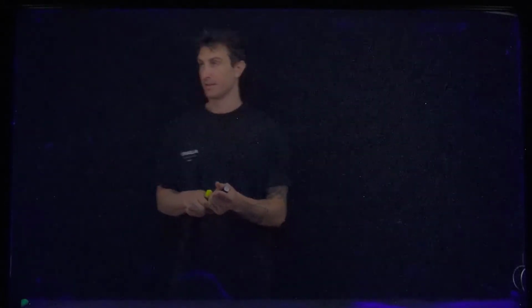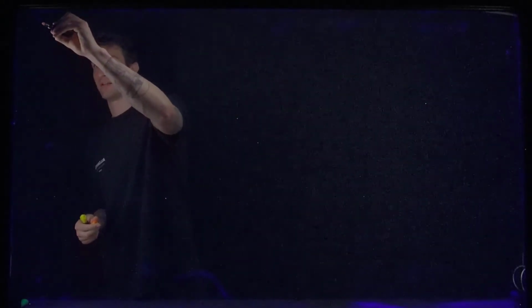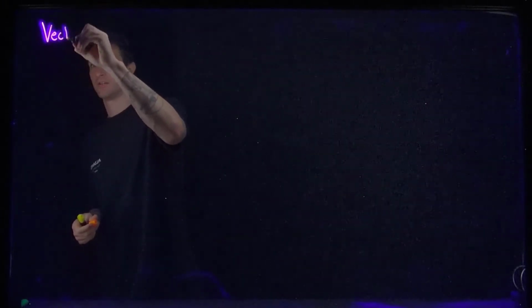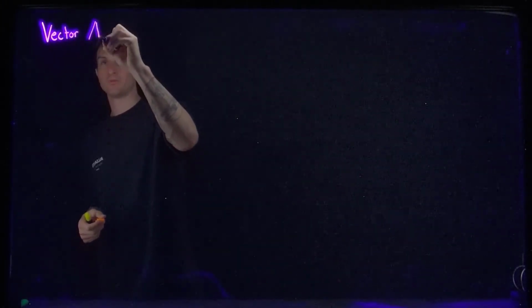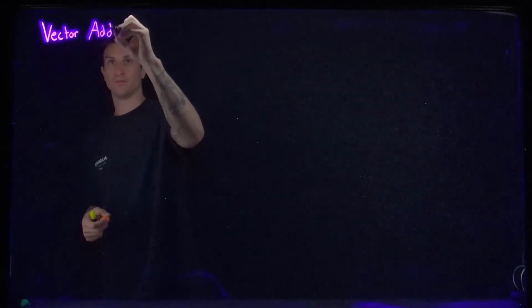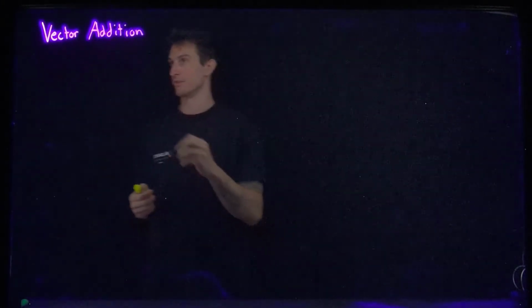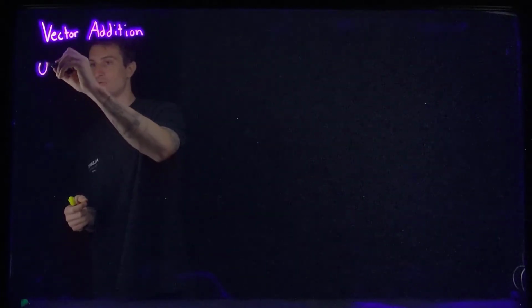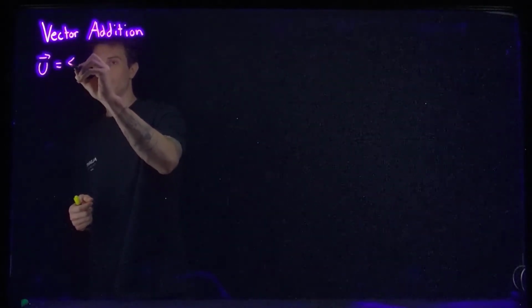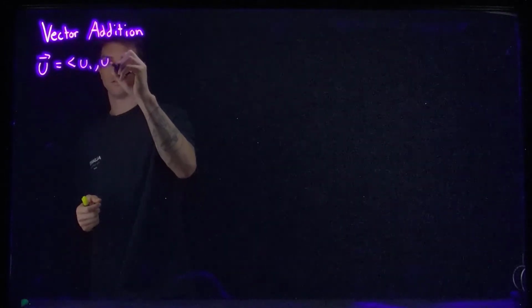Now that we have a concept of what a vector is, let's go ahead and add some operations. First one being vector addition. And this one's very intuitive. The same way you would normally add up stuff, we're going to use the same method. So let's say u is equal to little u1, little u2.